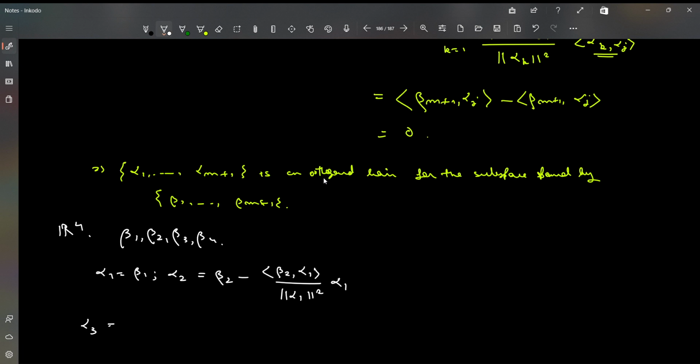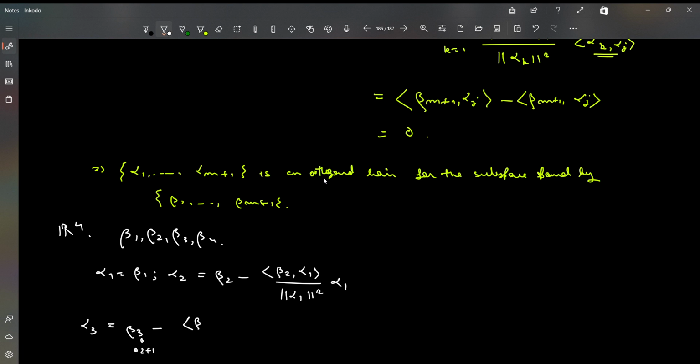Similarly, if I construct alpha 3, then alpha 3 would be beta 3 minus a summation with k from 1 to 2, because 3 is basically 2 plus 1. So we will have precisely 2 elements.